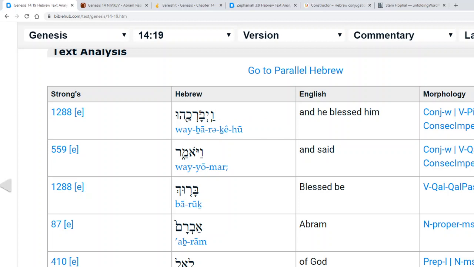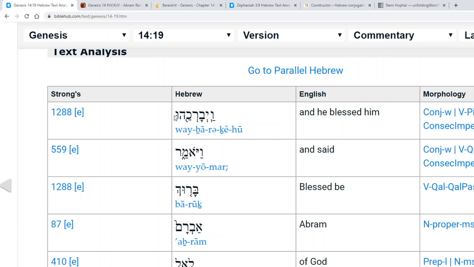This is a more intensive blessing than the usual Baruch. Usually Baruch, like we're going to use it, is in the Kal, which is less intensive. We have the Kal, the simple form, the Pa'al, and then the Piel, the more intensive form. So this is, he intensely blessed him.